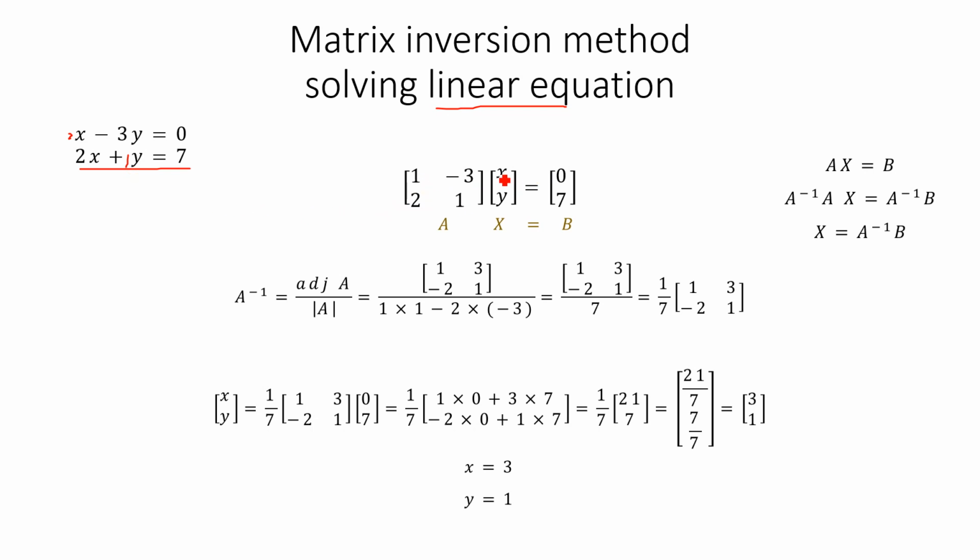Then we have the second matrix x, y, that is equal to a third matrix 0, 7. So we can write these equations in the form of matrices as AX is equal to B. This is matrix A, this is matrix X, and this is matrix B.